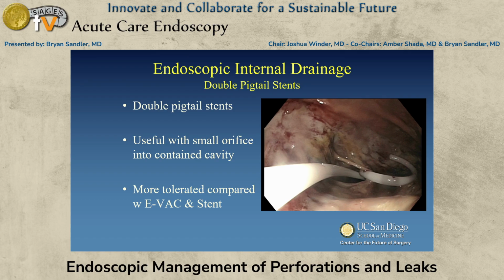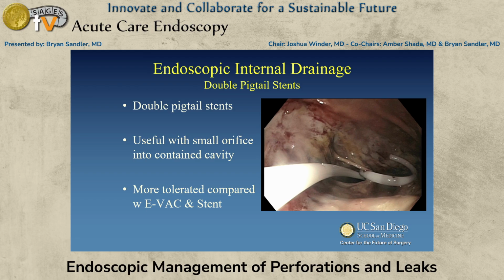This is done with a combination of endoscopic as well as fluoroscopic guidance, wire guidance, and Seldinger push technique to deploy the double pigtail stent through the opening. The external portion of the stent sits in your leak cavity, and this essentially facilitates drainage of that leak effluent back into the stomach.